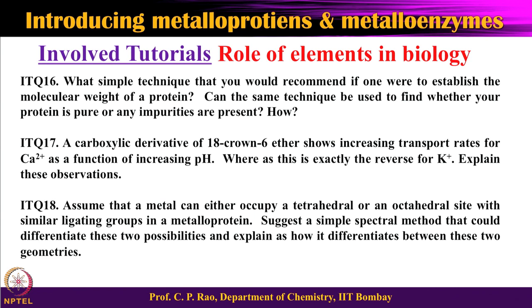So, that means the calcium is binding very well when you increase the pH. When you increase the pH, you have more and more carboxylate, and we have studied in the chapter that carboxylic groups have a very specific affinity towards calcium, and in fact nature has modified even glutamic acid to have one additional carboxylic group.